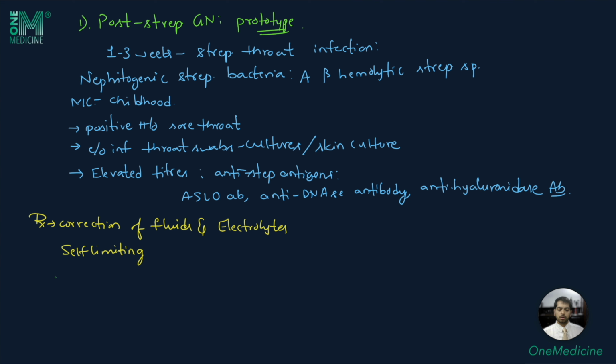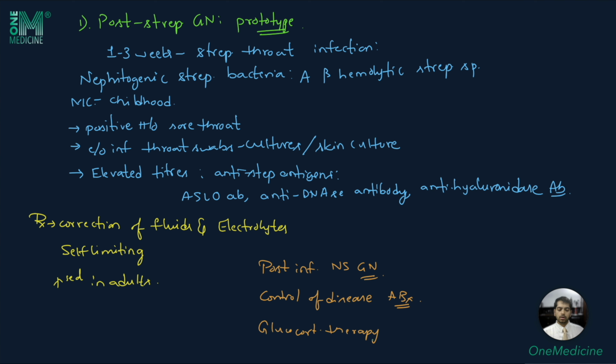However, if there are any complications, they are more common in adults. In post-infectious non-streptococcal glomerulonephritis, control of disease by antibiotics usually resolves the nephritis. Patients may require glucocorticoid therapy as well. This is usually done to prevent progression to dialysis.